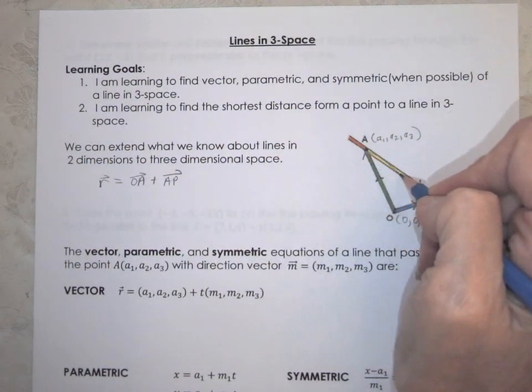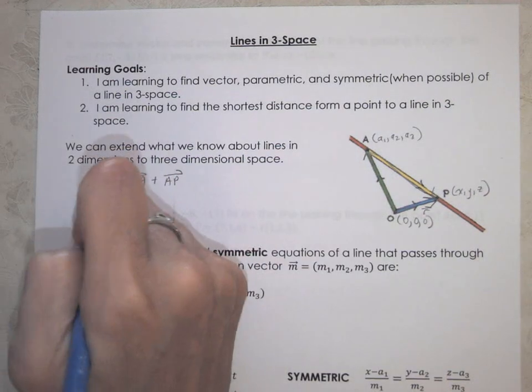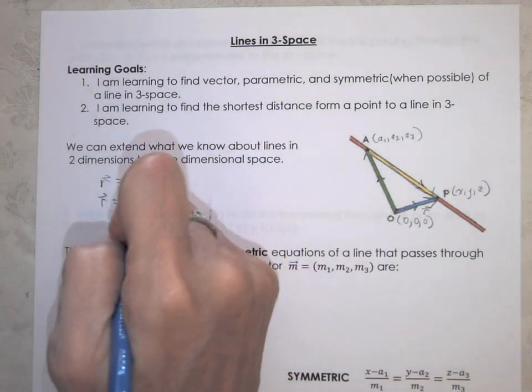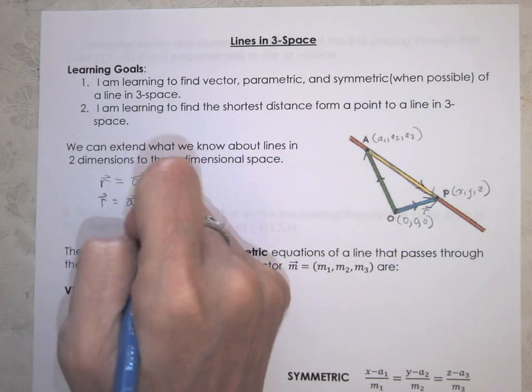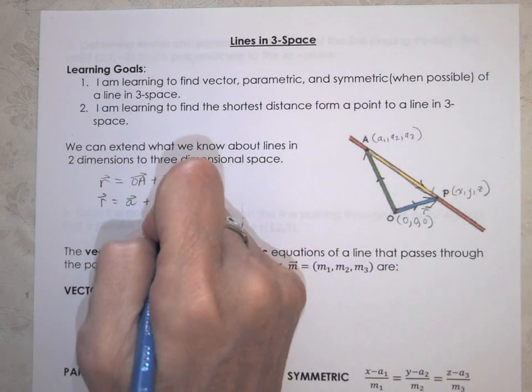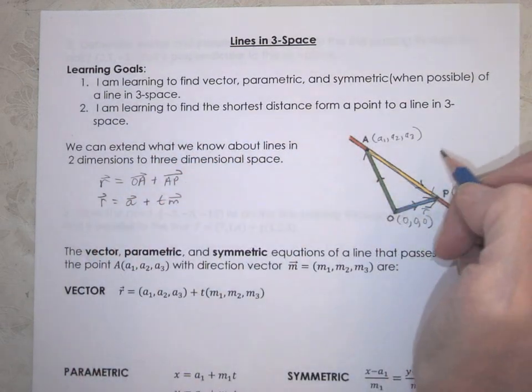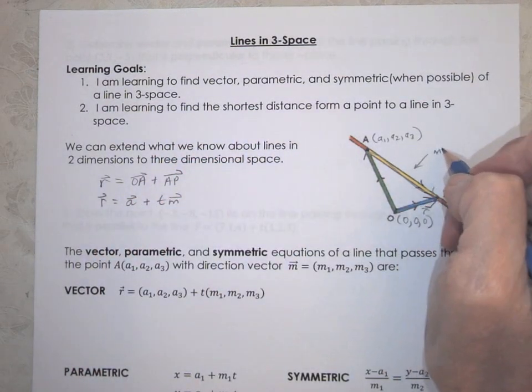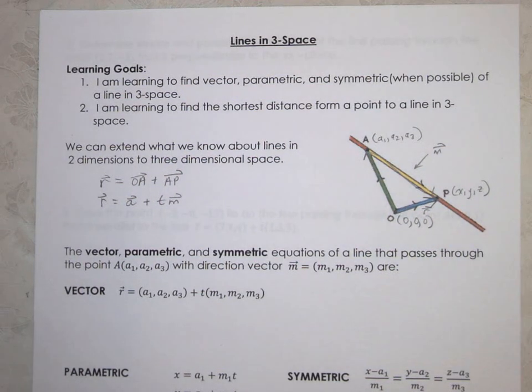And here's vector AP, which is going to be, we can use small letter a, plus a scalar multiple of the direction vector of this line. So M is the direction vector of this line here.